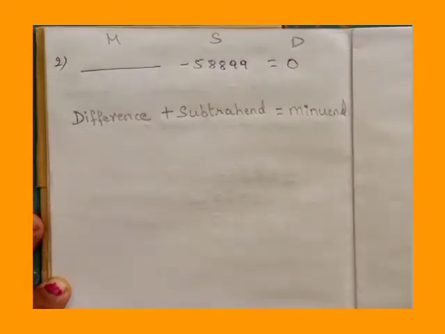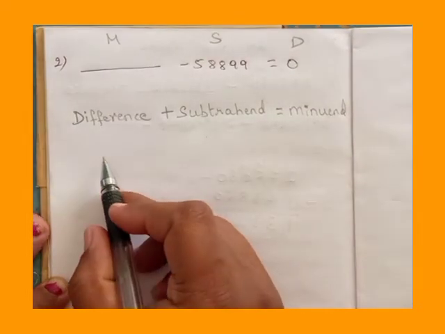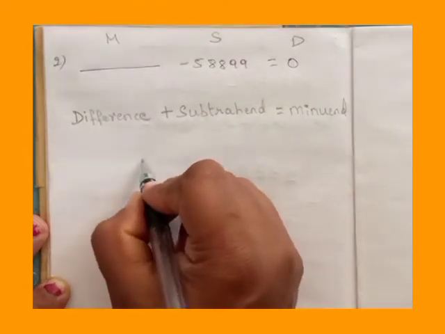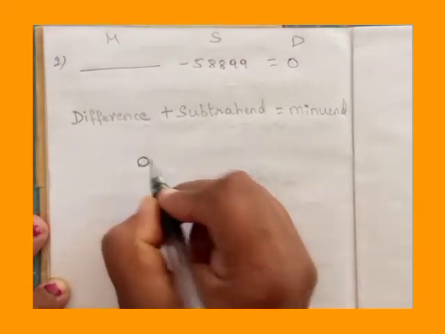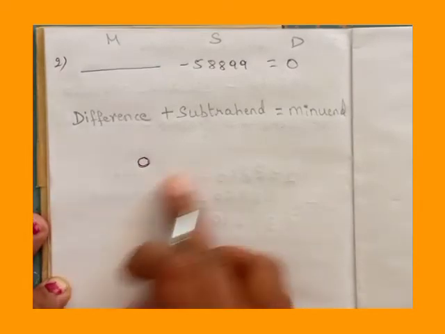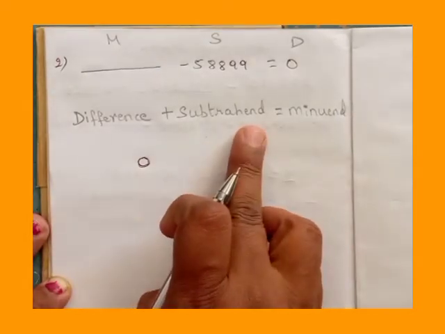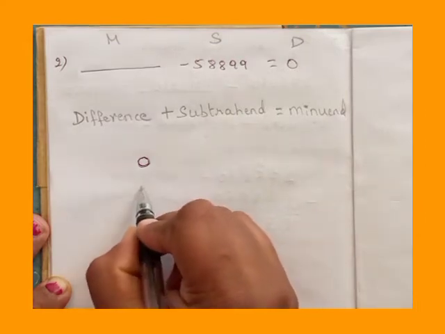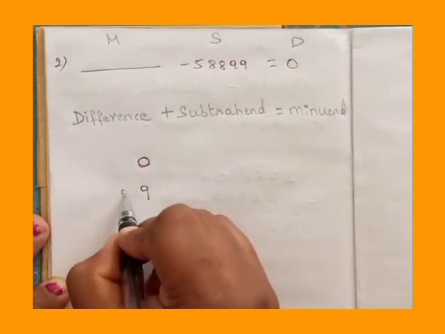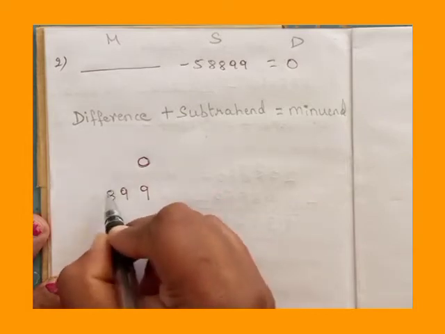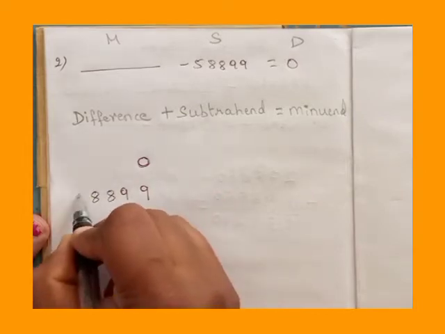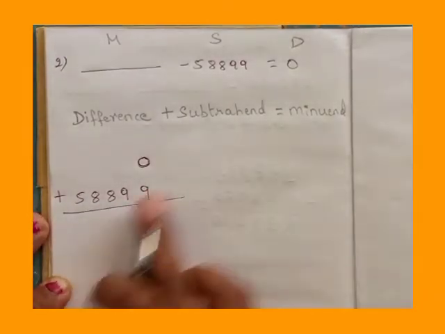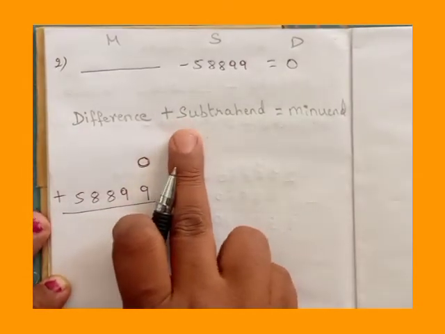Okay, yes. So first the difference, what is the difference here? 0. So write down 0. Okay, 0. Now plus the subtrahend. Subtrahend, let's start from the ones place, dear children. Okay, 9, 8, 5. So here you need to add plus, because we have taken plus in the formula, isn't it?